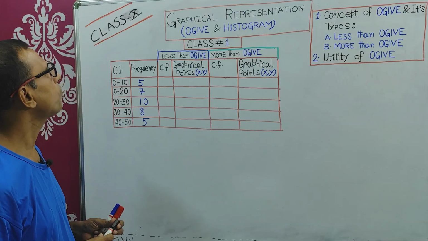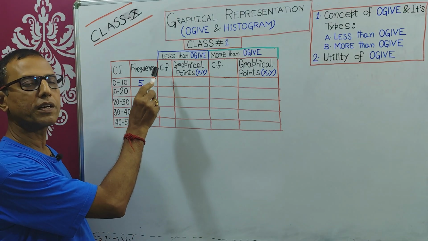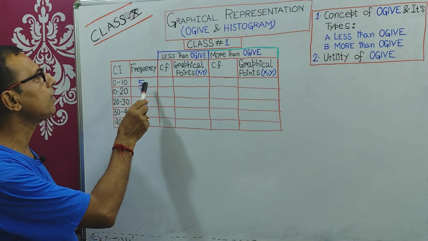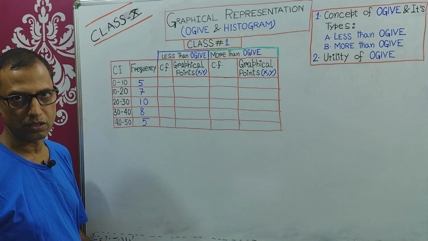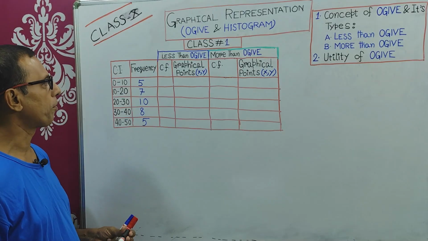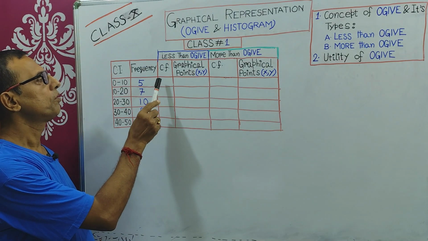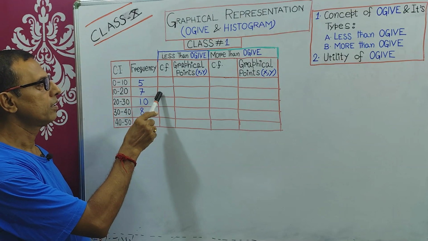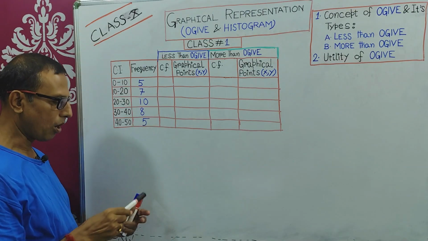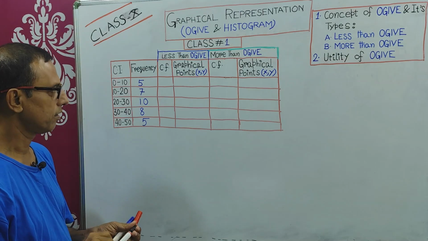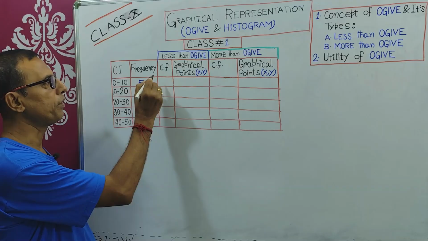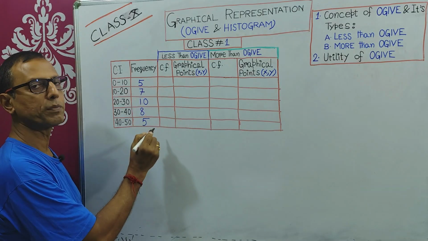Right? So for finding out the cumulative frequency for less than OGIVE, how will we calculate it? Normally what we do is 5, then the next one is 5 plus 7, 12, then 12 plus 10, 22. How do we do that? We will take the cumulative frequency for all of the classes.